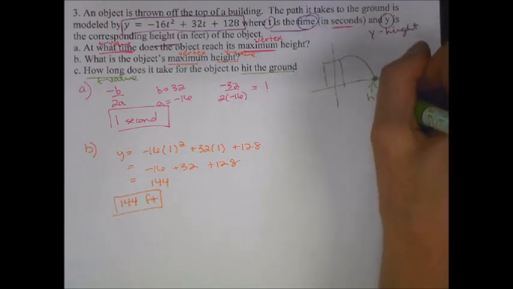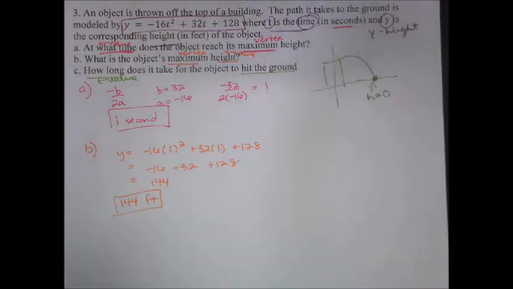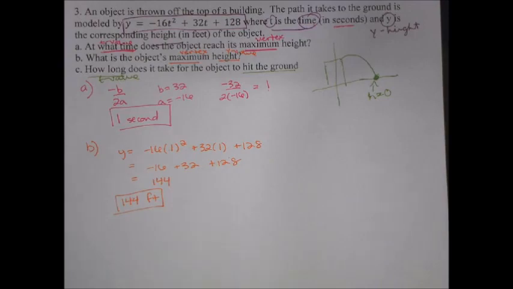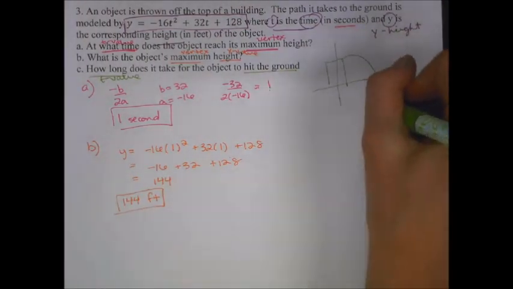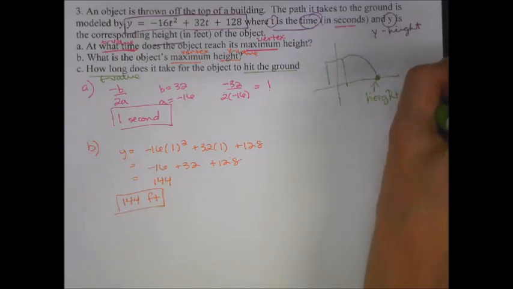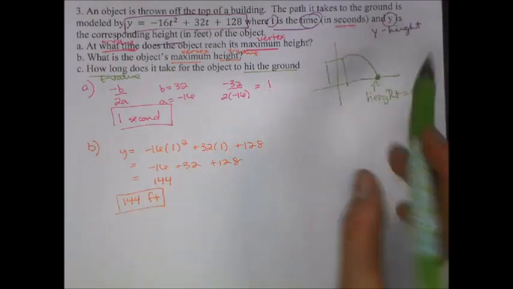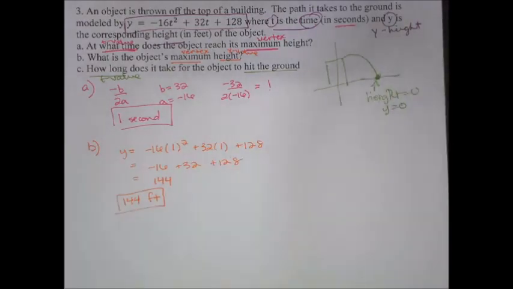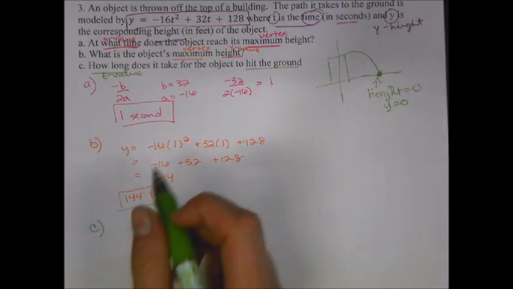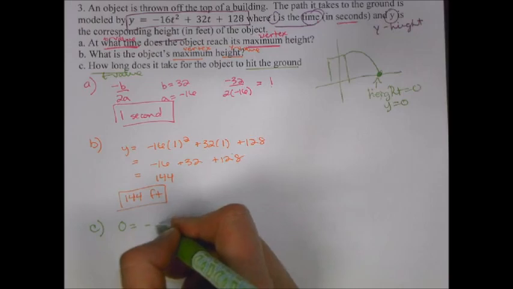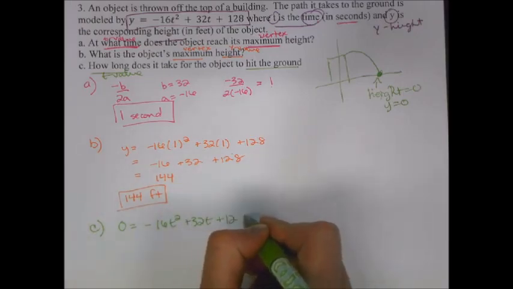Well, when I hit the ground, my height equals 0. Well, height is a y value, so y equals 0. Let's make y equal to 0: 0 equals negative 16t squared plus 32t plus 128.